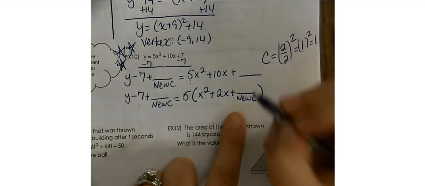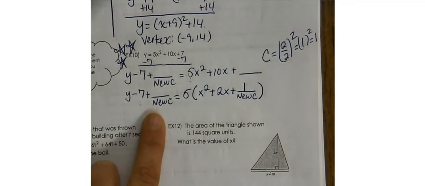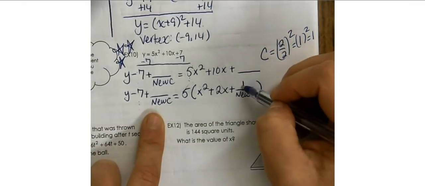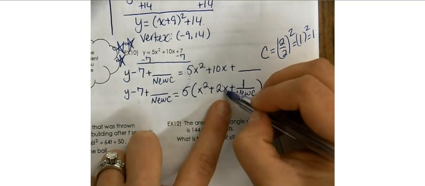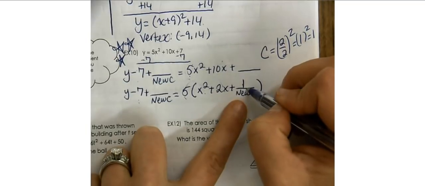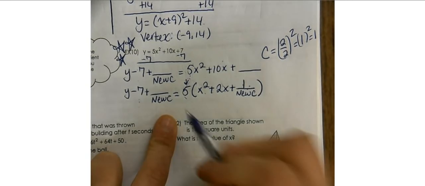So I'm going to add 1 on this side, but this is where it gets tricky. You are not adding 1 to the other side because think about it. If we were to multiply 5 back in, we would have 5x squared plus 10x plus not 1, but we would have 5. So technically we multiplied a 5. 5 times 1 is 5.